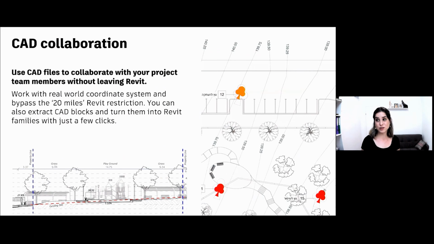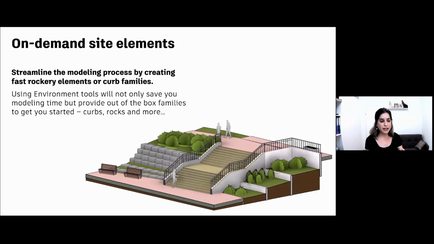We have tools to improve the collaboration between Revit and CAD. So for example, you're able to have a linked CAD and extract CAD blocks and turn them into Revit families very, very easily. We also have tools to streamline the work with some site elements like placing curbs.